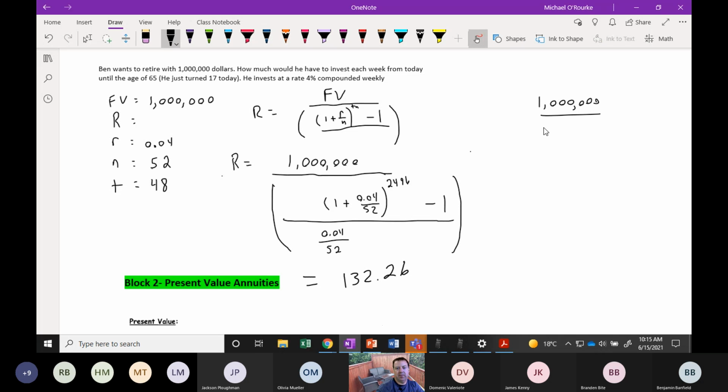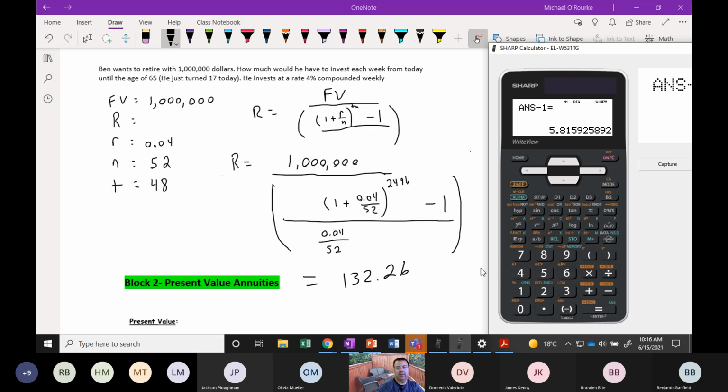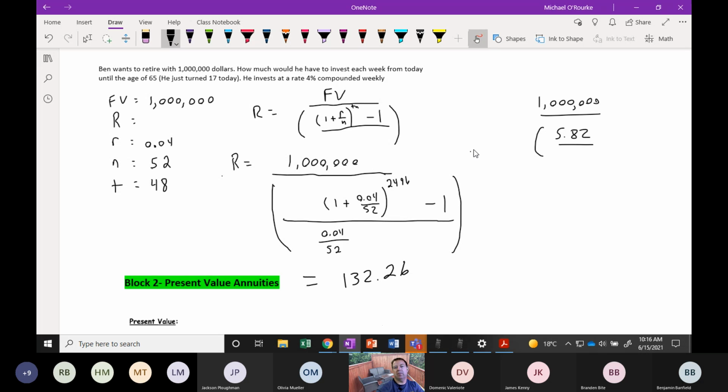So I'd write 5.82 here, divided by 0.04 divided by 52 equals, that's a little number, 0.00077.